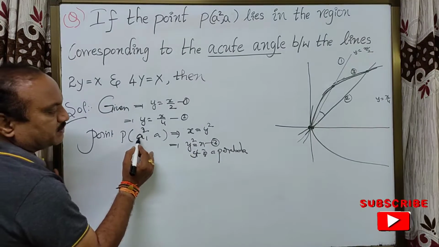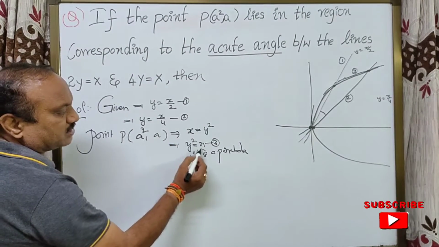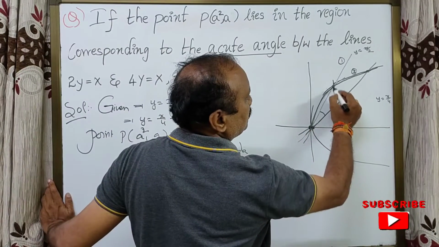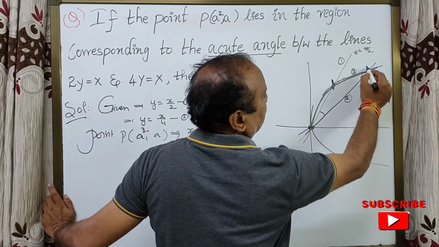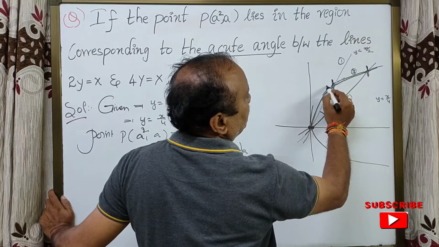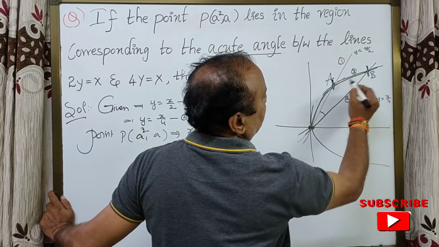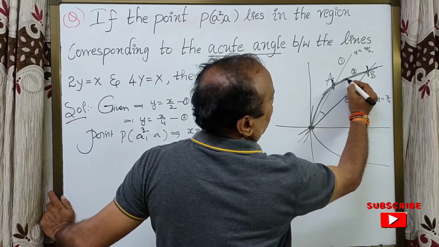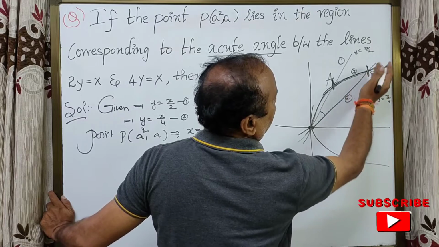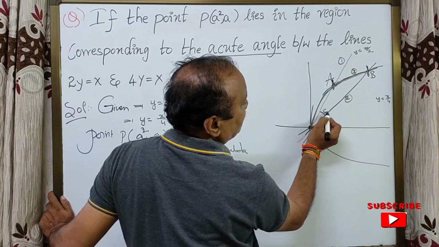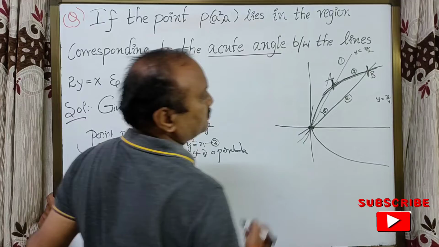That means this point moves on this curve, from this point to this point. Let this point be A and this point be B. The point moves along this curve between these two lines because it is the acute angle; the other region becomes the obtuse angle.